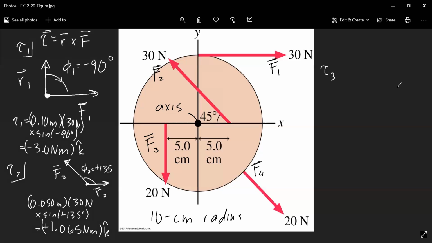So moving on to the upper right-hand part, tau 3. The first two we were figuring out, so this third one should be kind of straightforward. The R vector now points to the left. That's R3.